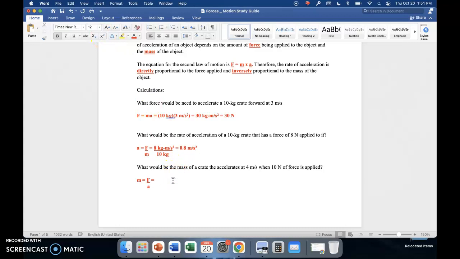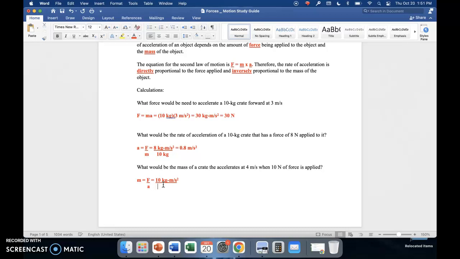And finally, if we know force and acceleration, we can figure out how big the object is. Again, I have to take my force, in this case 10 newtons, and convert that to kilograms meters per second squared. Again, I'll simply do a division problem here, so let me underline that, and I'm going to go down here and place in my acceleration.